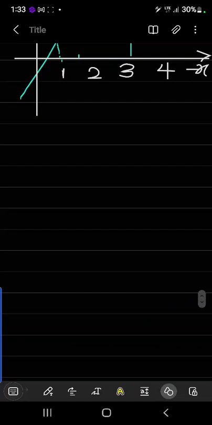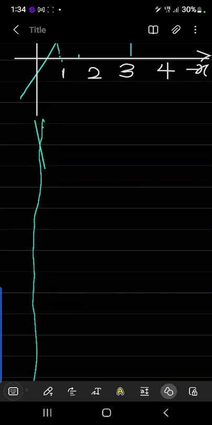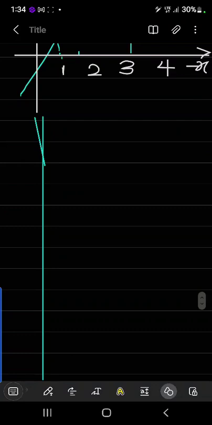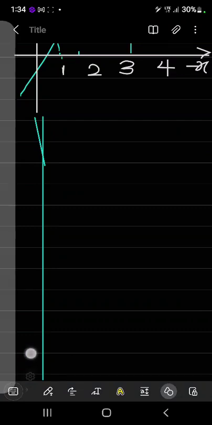Now let's go to another function. Let's say I want to pick still f of s, but for a decreasing function now. Let me just make it beautiful.